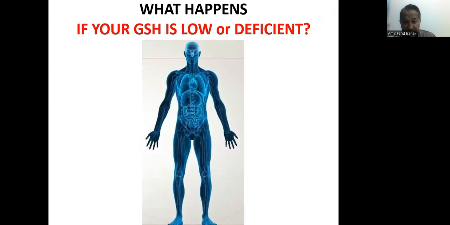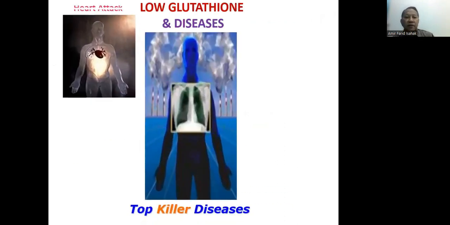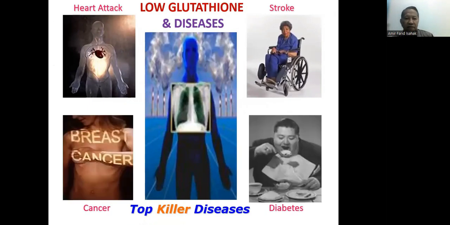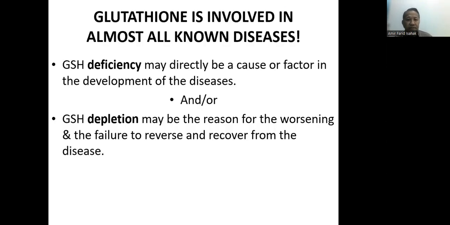What if you don't have enough glutathione? If your glutathione level is low or deficient, then you can expect, right, to be at risk of many of these chronic diseases because the underlying factors have a relation to the functions of glutathione. Indeed, more than 100 diseases have been studied and have been found to be associated with having low levels of glutathione.